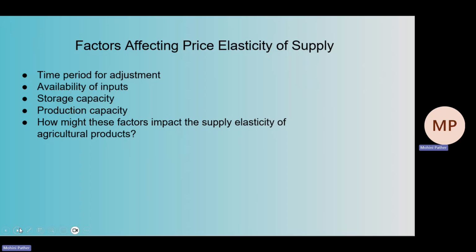So there are different factors that affect price elasticity of supply. There are time periods for adjustments. Like we said, it takes time to re-equip your factory. Then the availability of inputs. It's very possible that the raw materials you are getting from your suppliers take time to replenish.